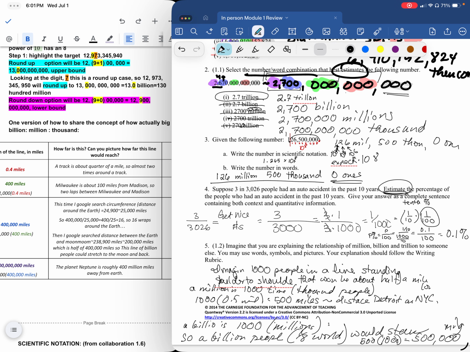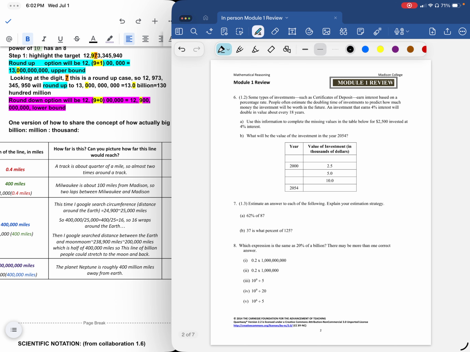Then I Googled the distance between Earth and the moon, and it is about 200,000 miles. So that's about the distance Earth to moon and back to Earth, something like that. I don't think you'll have to write an essay, but that's just one problem to get used to.